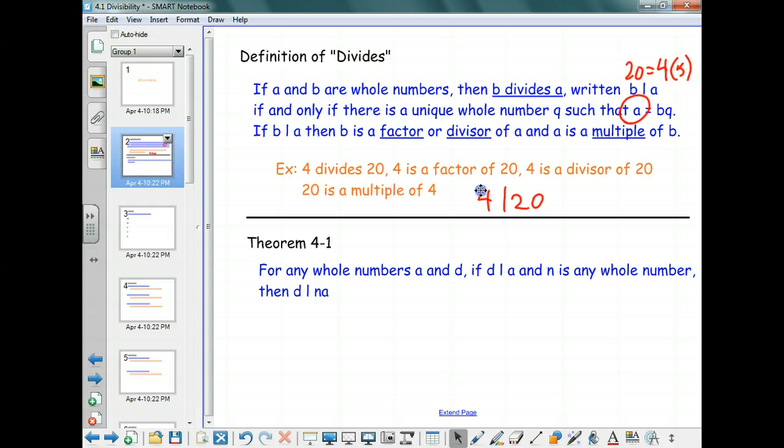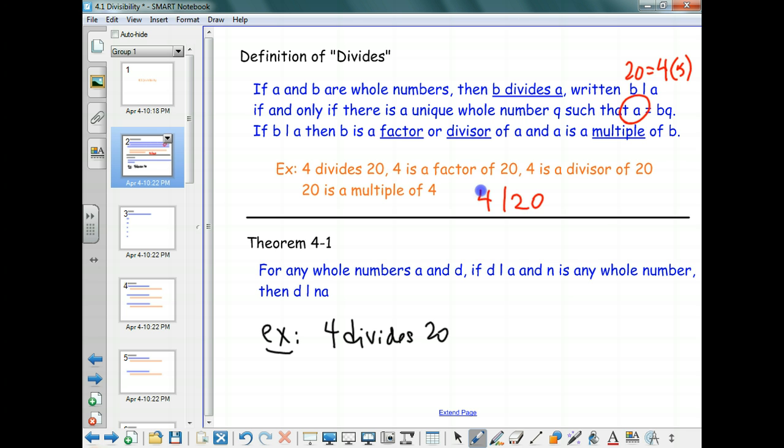Now, the first theorem says for any whole numbers A and B, if D divides A, so D is one of these divisors, one of these factors of A, and N is any whole number, then D divides N times A. Let me give you an example with the same number. You know that 4 divides 20.